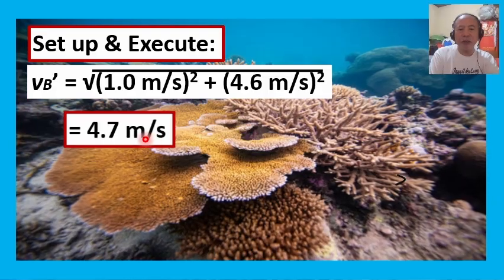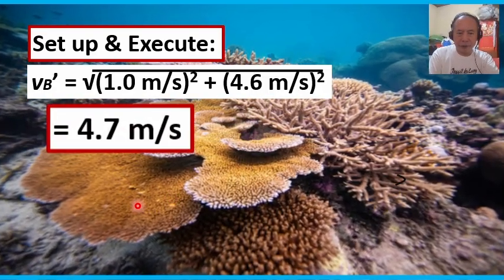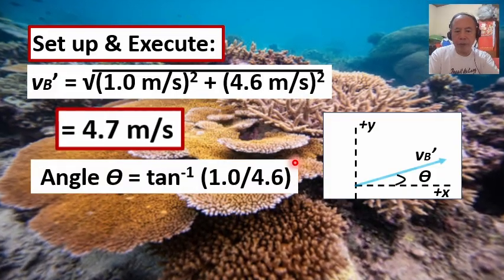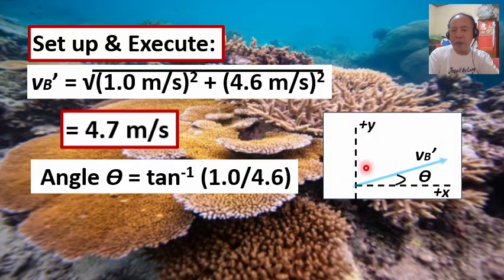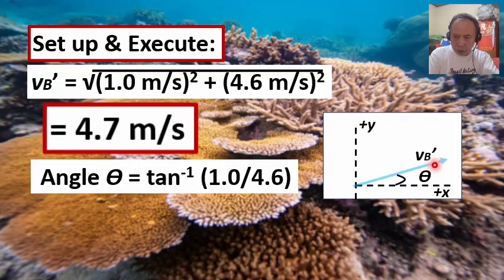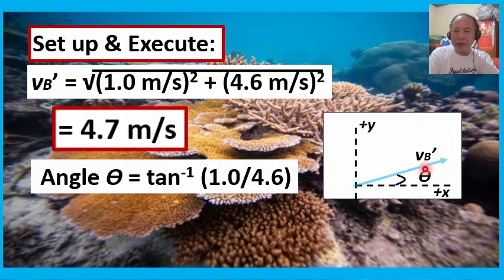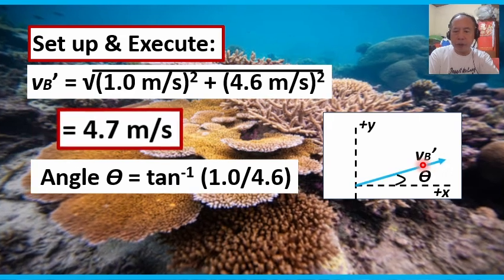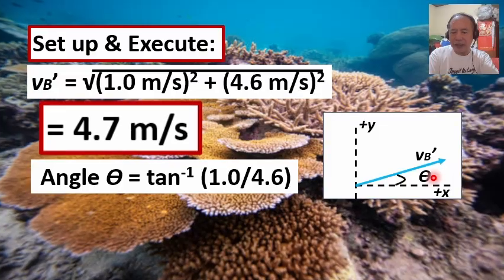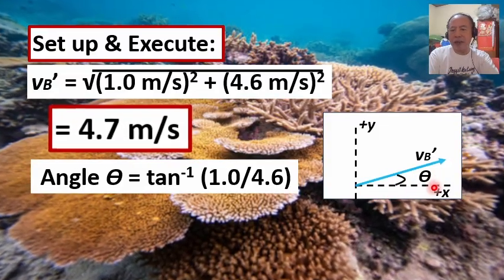So what is the direction of this velocity vector? So as emphasized in this sketch, we have the vector arrow representing the magnitude of b sub b prime. Notice that it makes an angle theta, right, with respect to the positive x-axis.